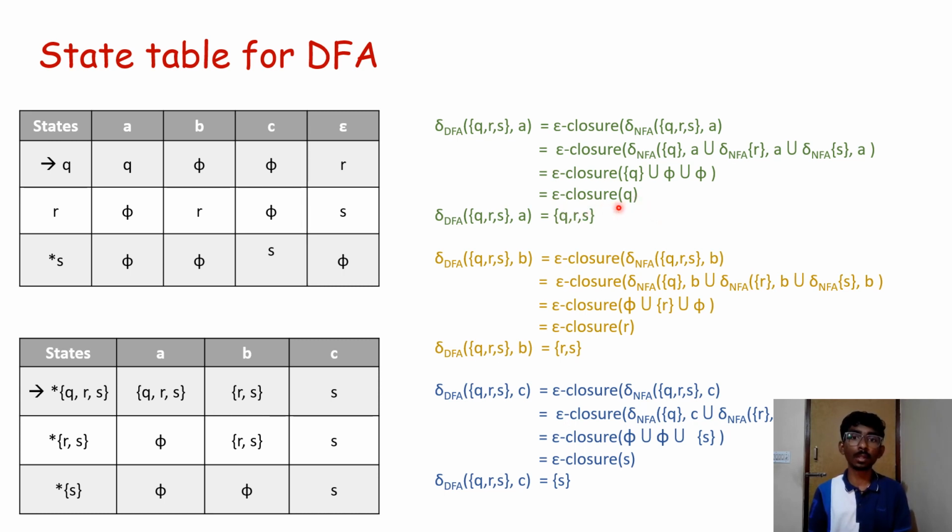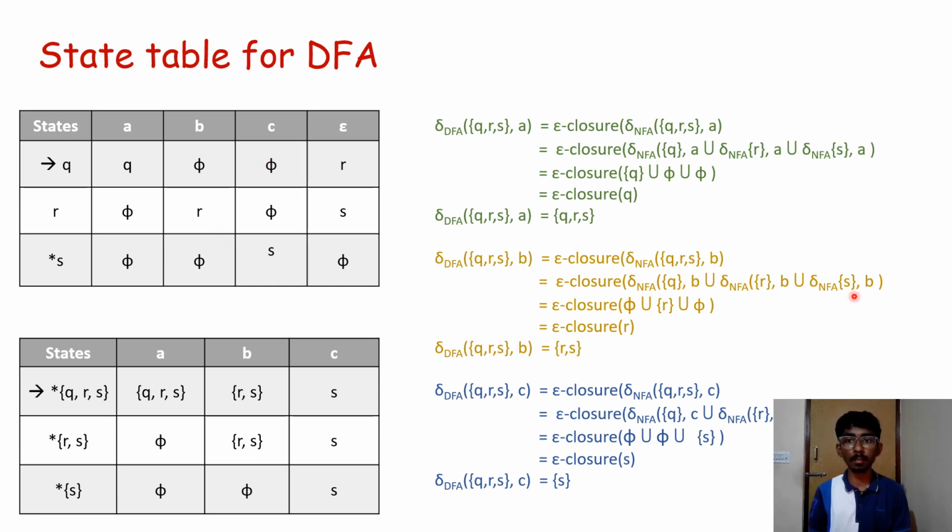The epsilon closure of Q, we already know, is QRS. So we'll mention it here in the A column. Similarly, we follow it for B also. When we give the input B, the Q state takes the input B and doesn't go to any state, so we have mentioned it as null. And when we give the B input to the R state, it takes us to the R state.